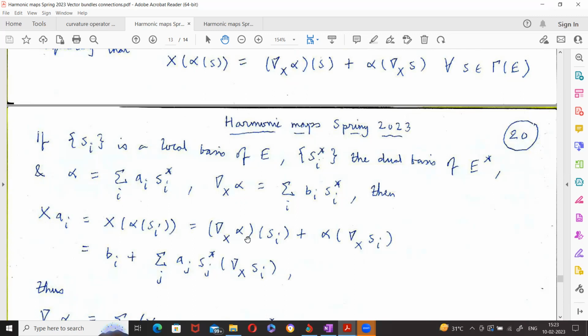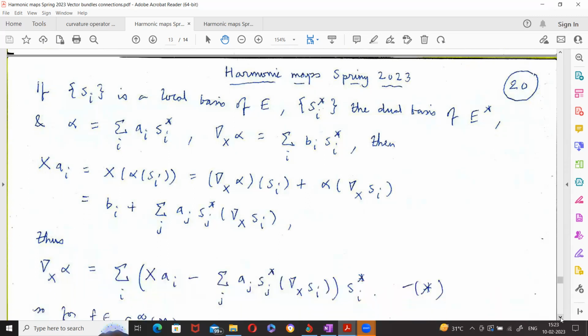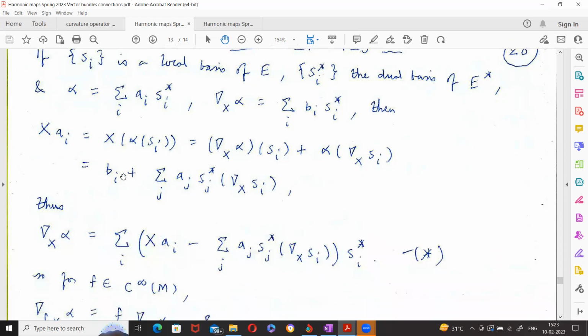So this nabla X alpha applied to S_i, this is going to give me B_i, because nabla X alpha has coefficients B_i with respect to the dual basis. So when I apply it to S_i, I'll just get B_i. And then I have this alpha of nabla X S_i. So that means that my coefficients B_i are X of A_i minus alpha of nabla X S_i.